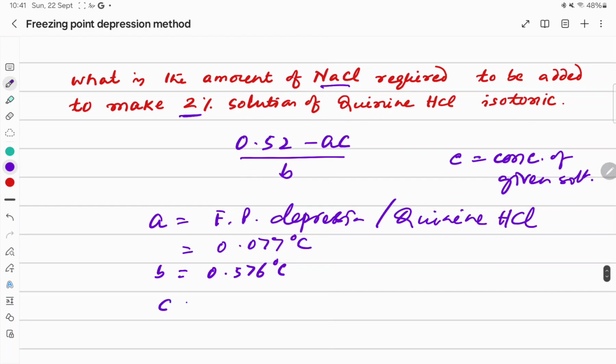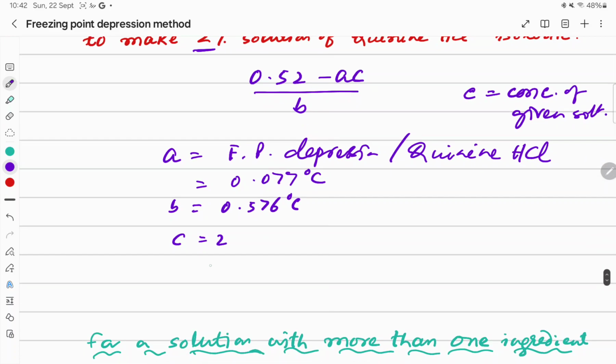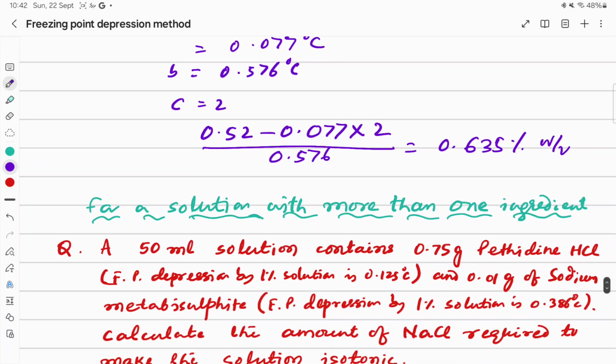And here C is 2%, so now we use the formula: 0.52 minus 0.077 into 2 by 0.576 is equal to almost 0.635% weight by volume. So for 100 ml, 0.635 gram. Accordingly, as per the volume, we can calculate the amount.